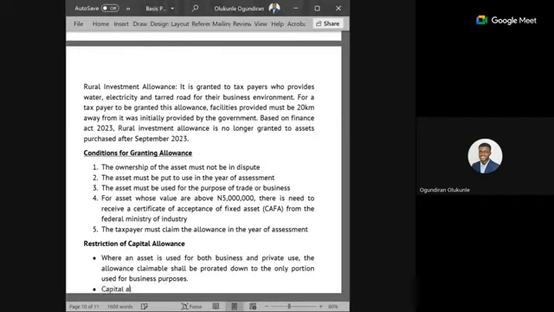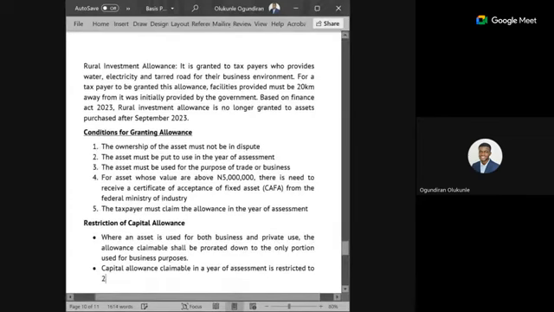Number two is the capital allowance claimable in a year of assessment is restricted to 2/3 of assessable profit.